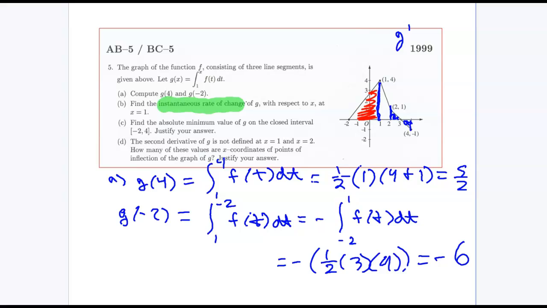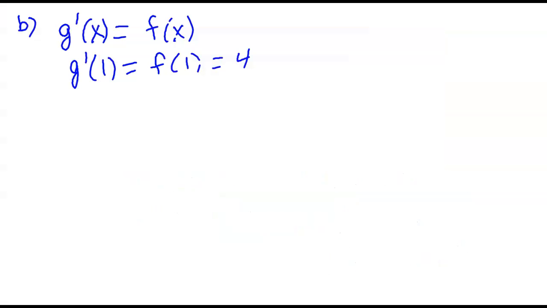In part C, they're asking us to find the absolute minimum value on the closed interval. If we take a look at this graph, again, this is the graph of g prime. Notice that there are no critical numbers where the derivative changes from negative to positive. So therefore, my absolute min has to be at an endpoint.